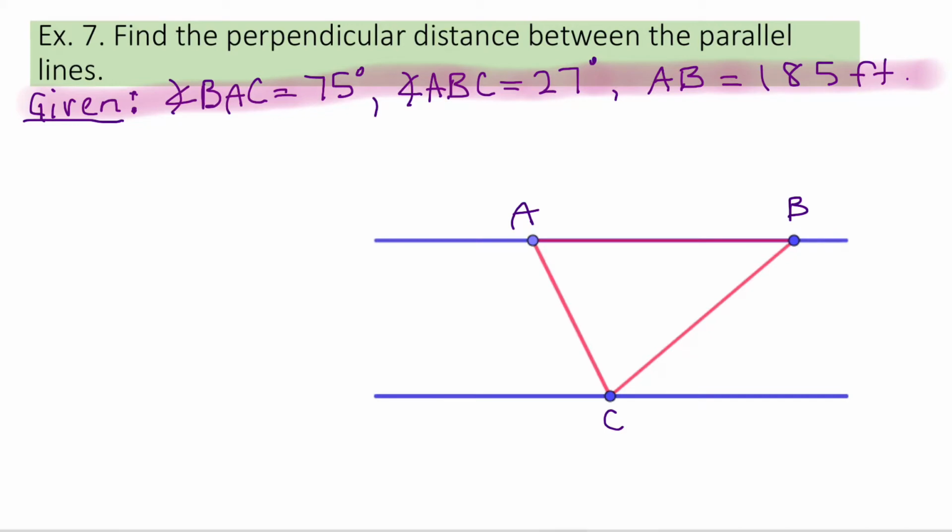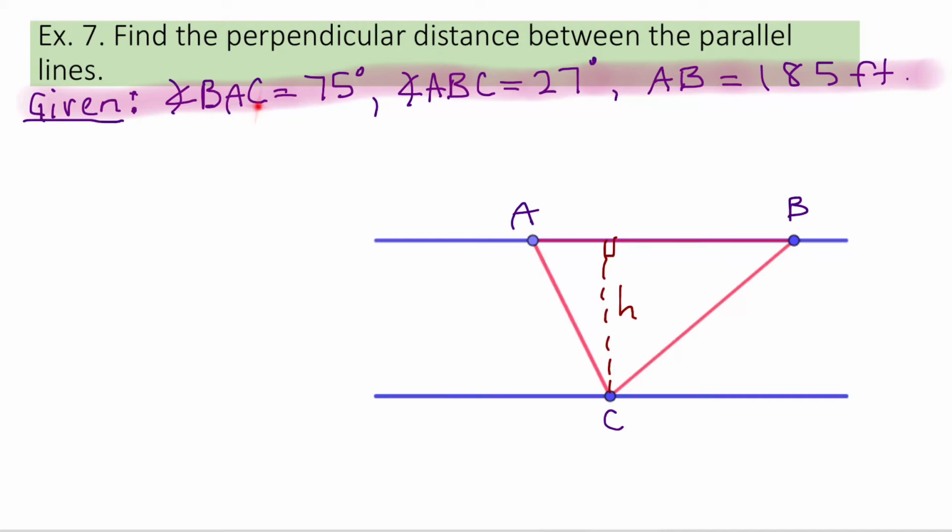The next example says find the perpendicular distance between the parallel lines. These blue lines are the parallel lines. The perpendicular distance, let's put it inside the triangles here, would be this distance h that we're looking for. We're given some information.